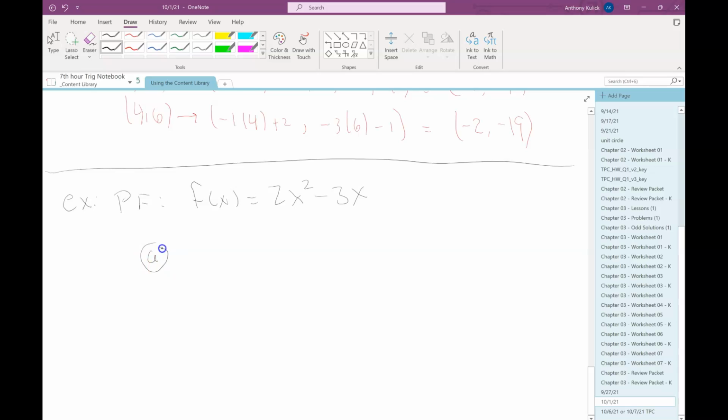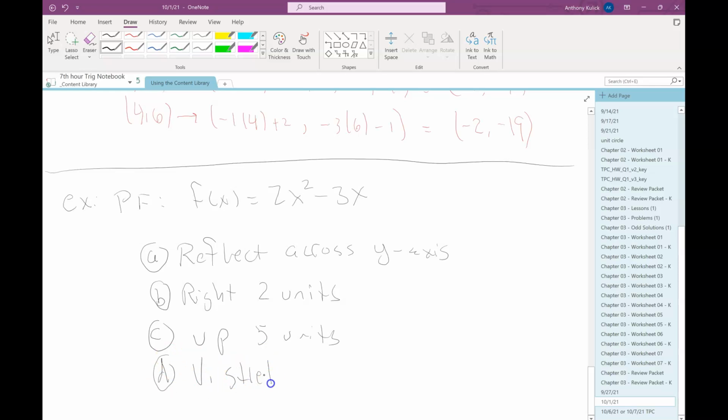And let's say that I want to reflect it across the y-axis, and I want to go right 2 units, and then go up 5, and then do a vertical stretch by 3.